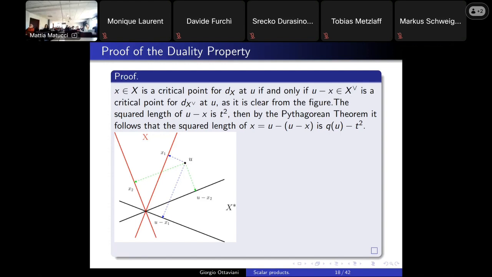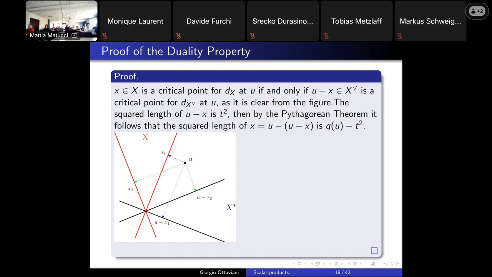And this is completely formal and can be repeated for any variety. It is not an expected relation at the beginning.